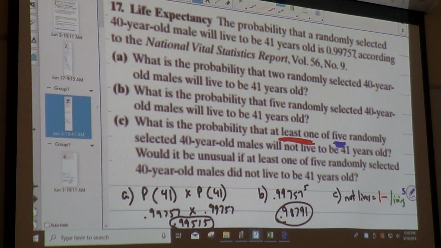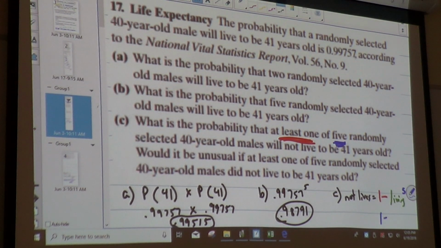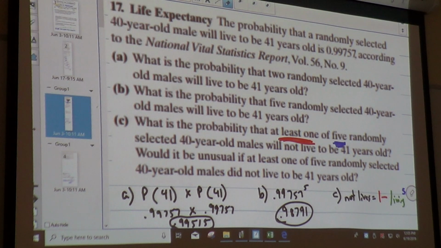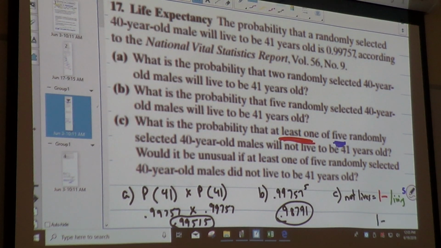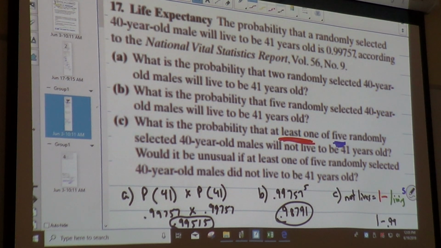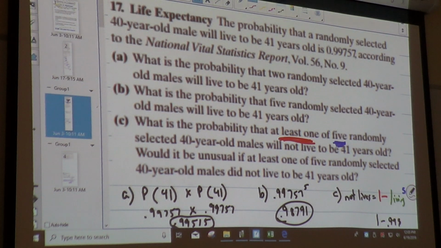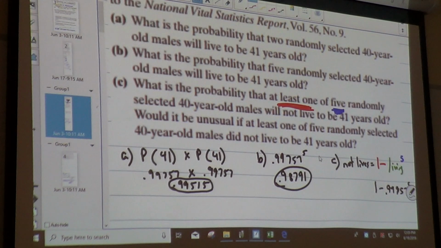So it's going to be 1 minus 0.99757 to the 5th, which is 0.01209.